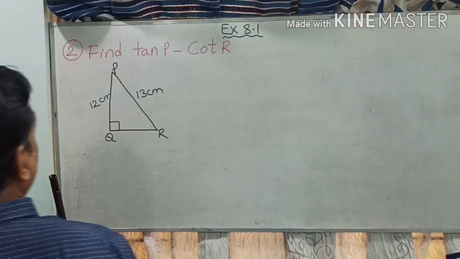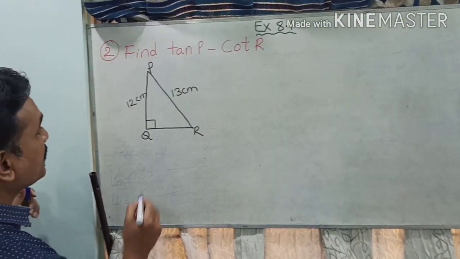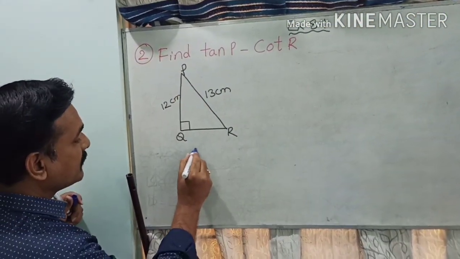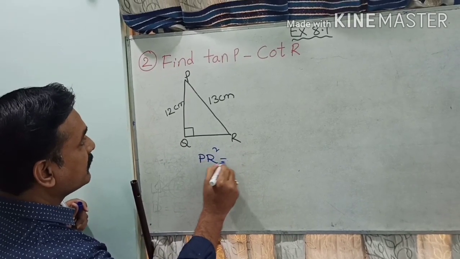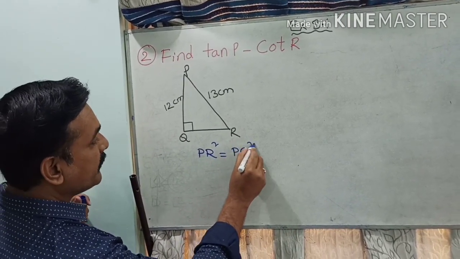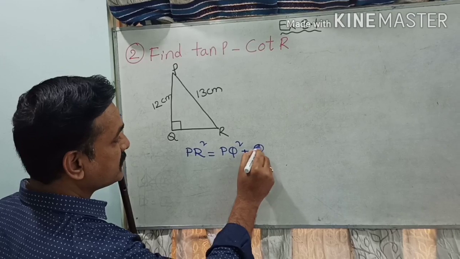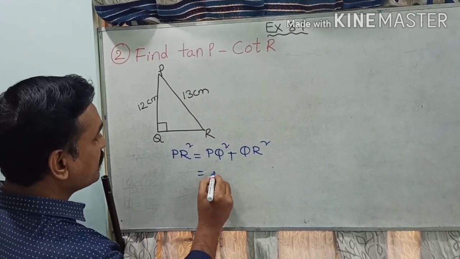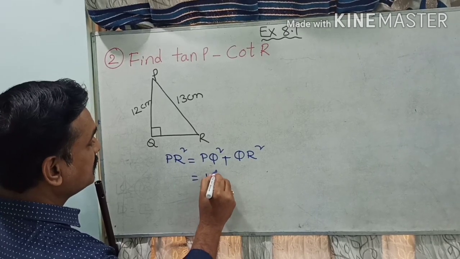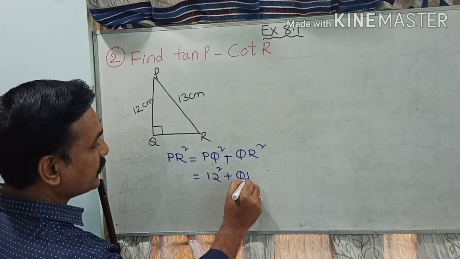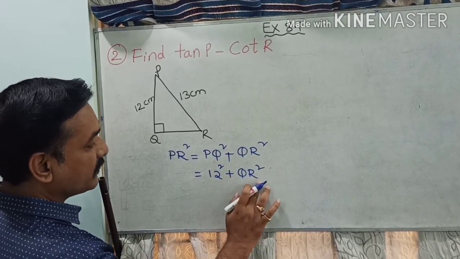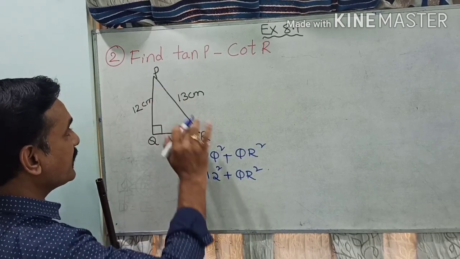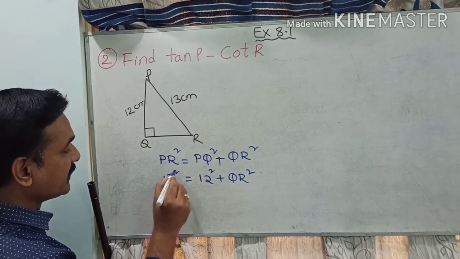Since it is a right angle triangle, PR square equals PQ square plus QR square. PQ is given as 12, QR we have to calculate, and PR is given as 13.